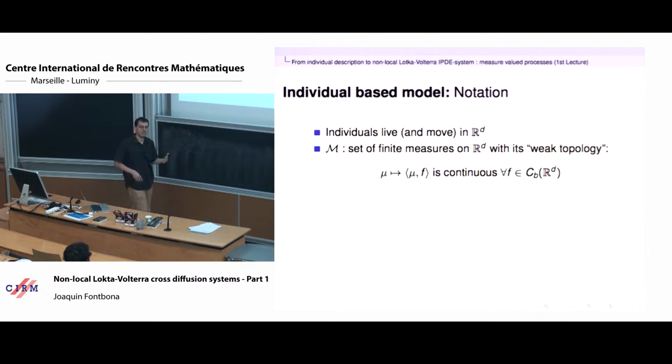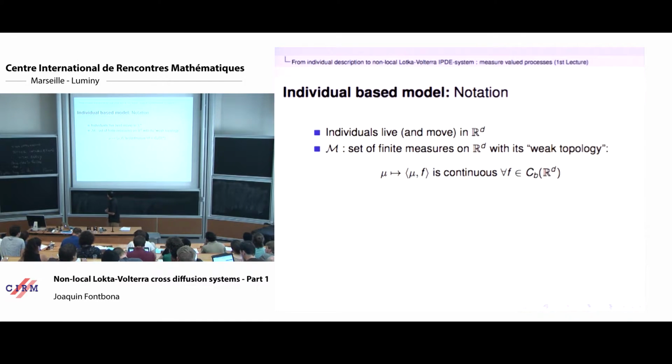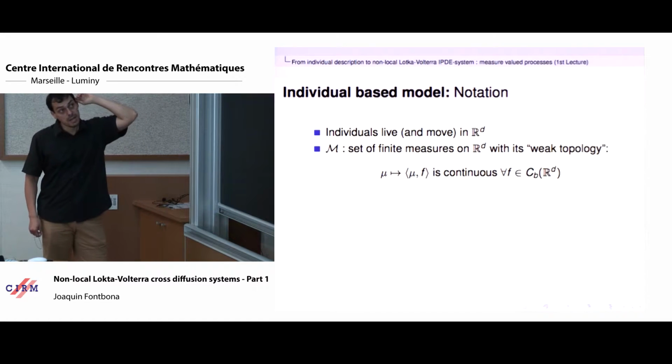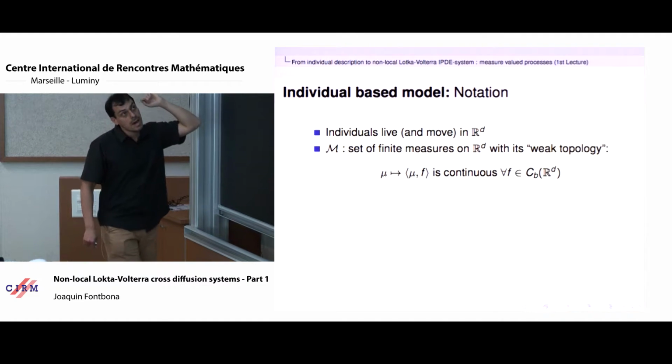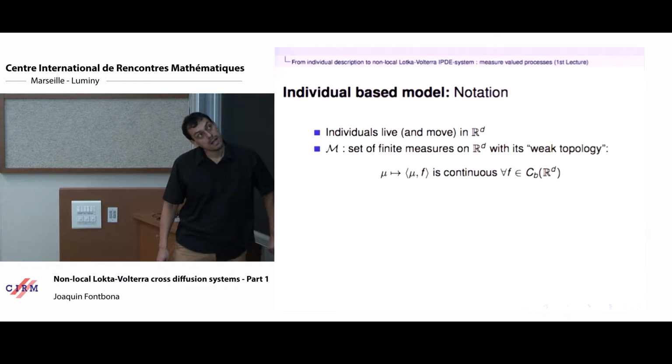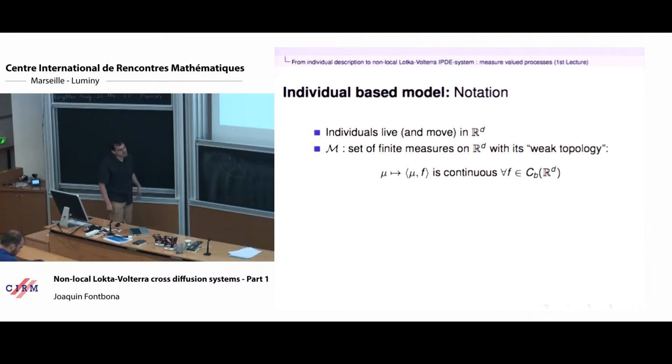So I need a good notion of being close, of converging, and the good notion turns out to be the weak topology. Weak topology is defined as the convergence of the integrals of our measures against continuous bounded functions. You have probably seen this in other contexts.